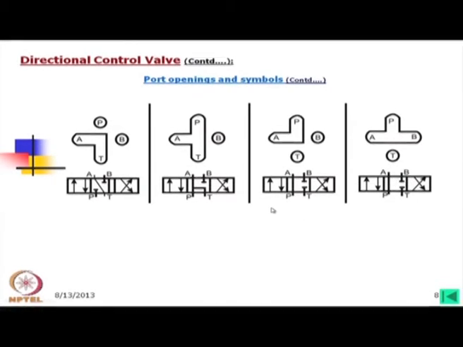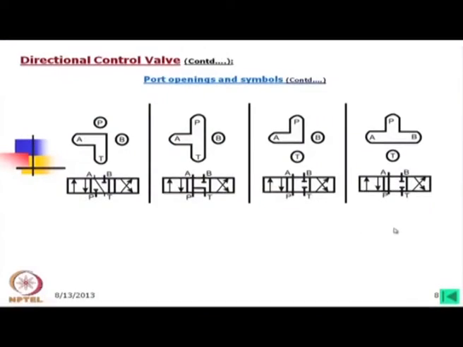Now, these depend on different types of applications. The aim is always that we should save energy as much as possible. The first aim of a hydraulic circuit is to save energy as much as possible, but in many cases of hydraulic operation, particularly where we need precision and time-bound operations, sometimes it is not possible.